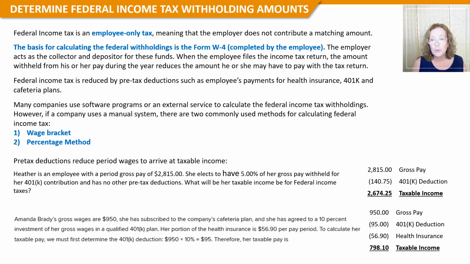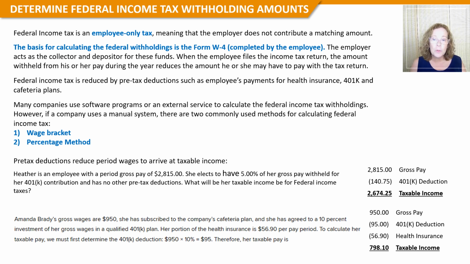But first, let's look at two examples of how pre-tax deductions reduce period wages to arrive at taxable income. The first example is for Heather, who's an employee with a period gross wage of $2,815. She elects to have 5% of her gross pay withheld for her 401k contribution and has no other pre-tax deductions. What will be her taxable income for federal income taxes?